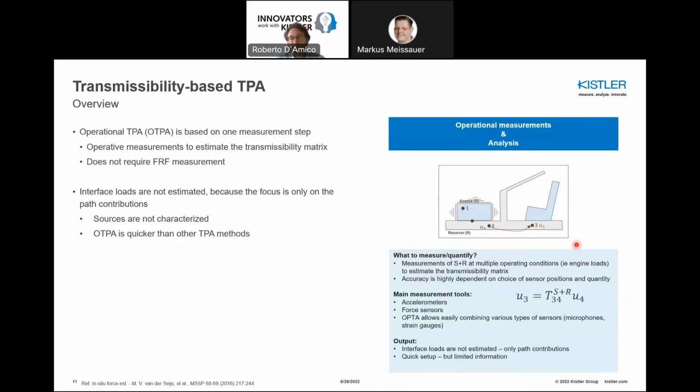So for example, if it's an engine, we let it run at multiple RPMs to get more refined information regarding the transfer functions. And then what we get at the end is refined information regarding the contribution paths. Of course, you are able to do this in a much faster way than with the classical TPA or component-based TPA, but of course you sacrifice information.